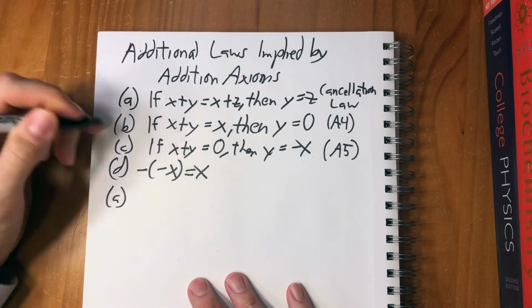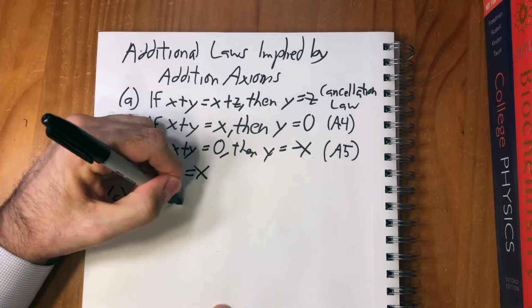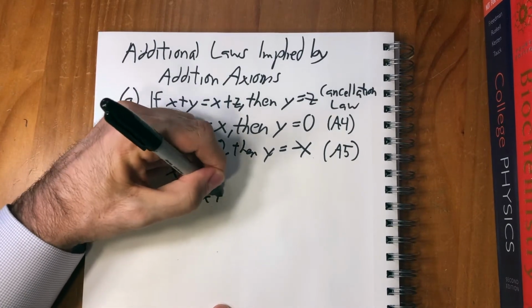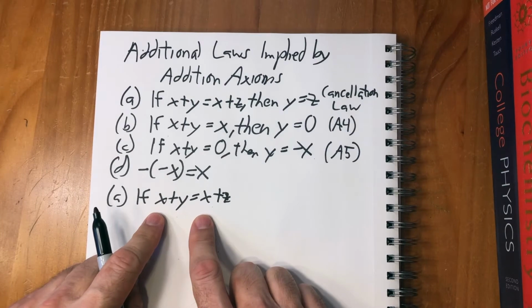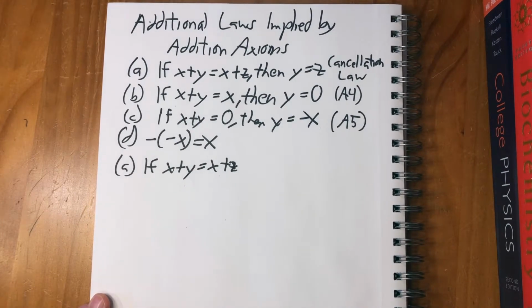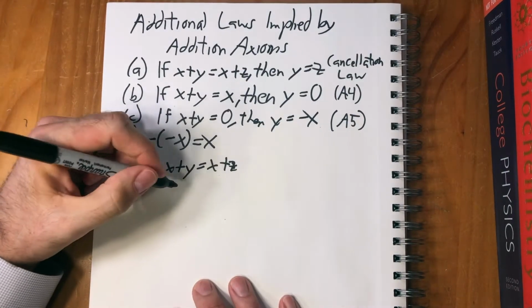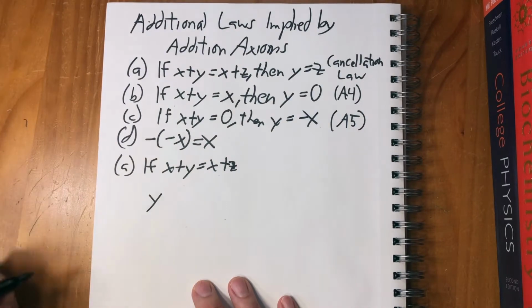So A. We're given that x plus y equals x plus z. Let's just go through a series of equalities here.